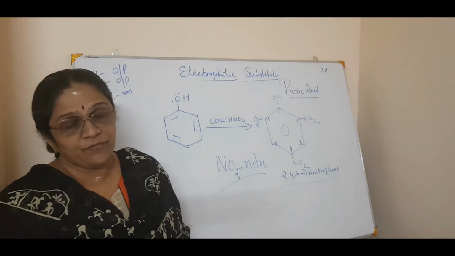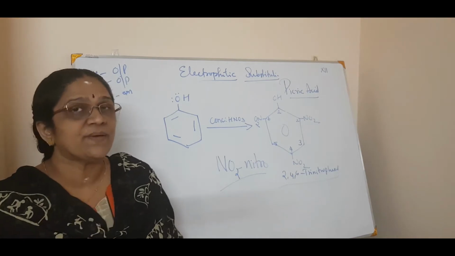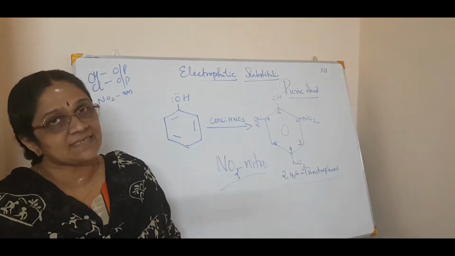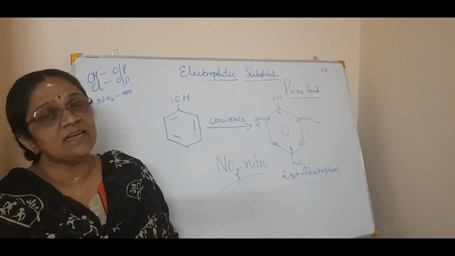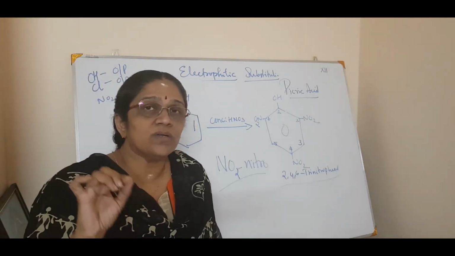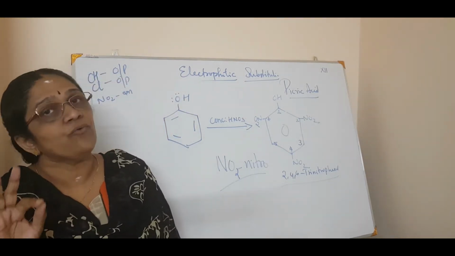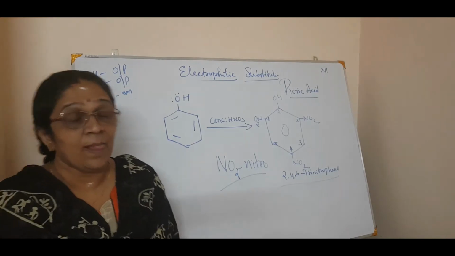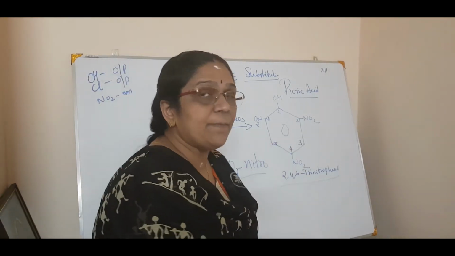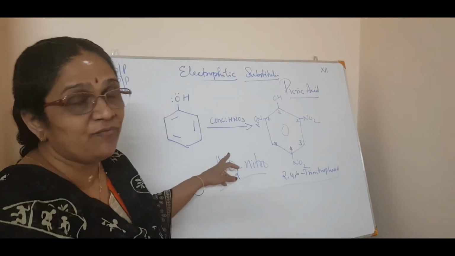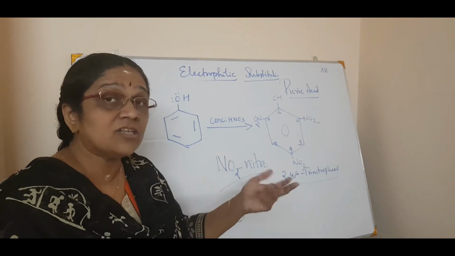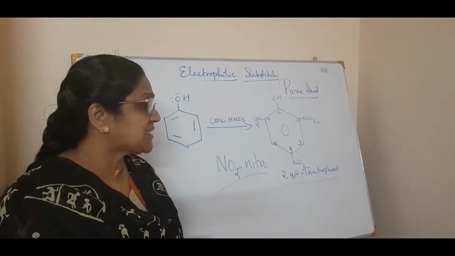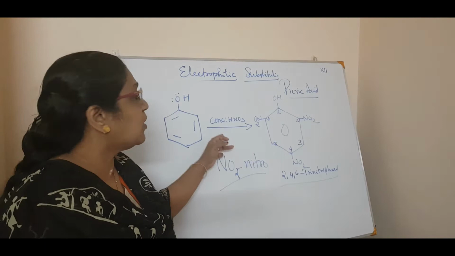Now if a question is asked, 1 mark question, what is picric acid? It is 2,4,6 trinitrophenol. Okay. But if you want to prepare picric acid commercially in a large amount, this is not the method.